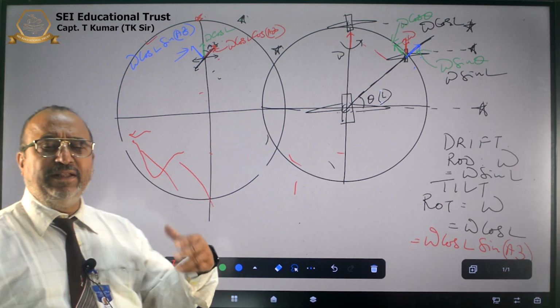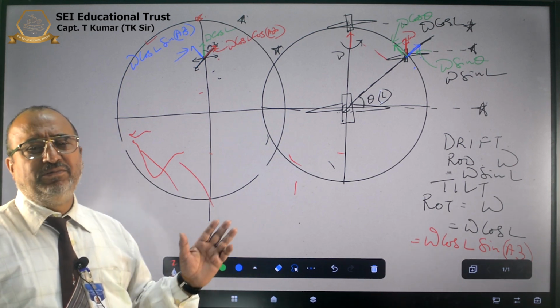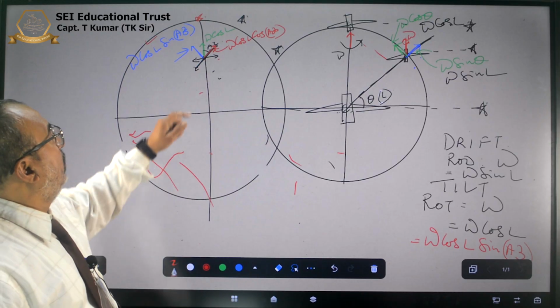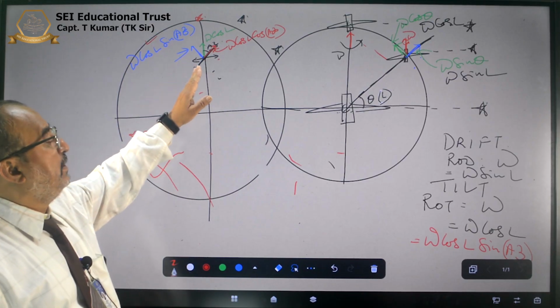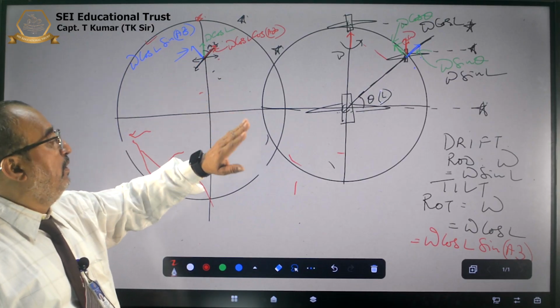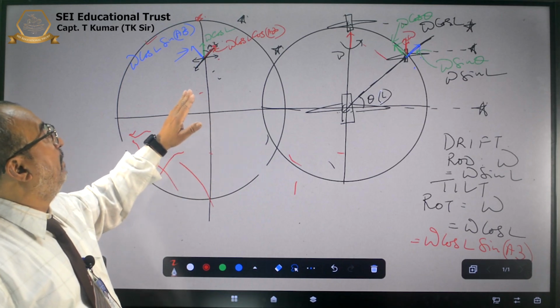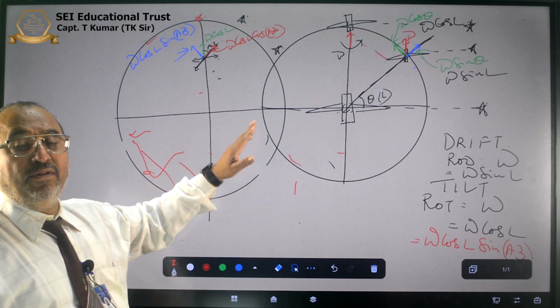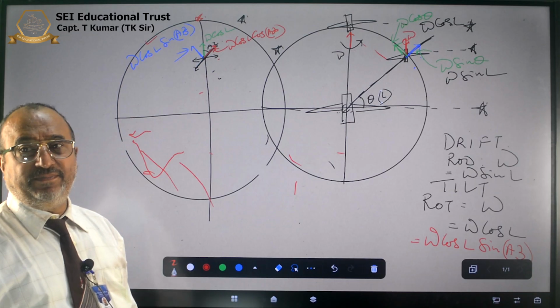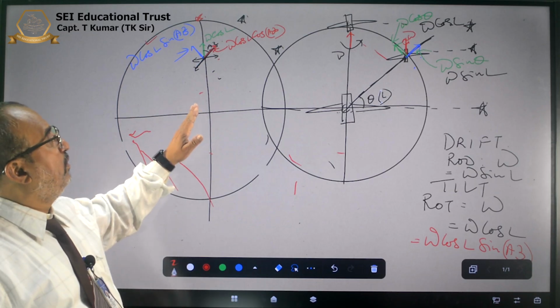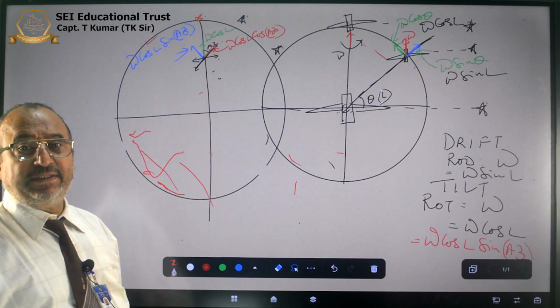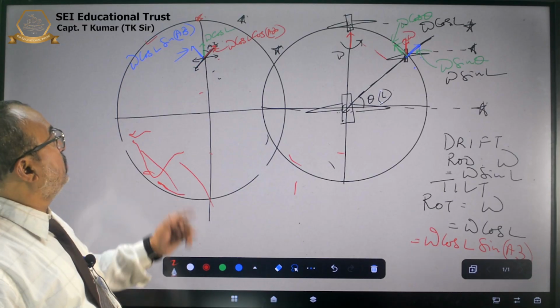And finally, on the meridian, it becomes 0. So this is how the free gyroscope behaves on the Earth's surface. I hope you have understood this.